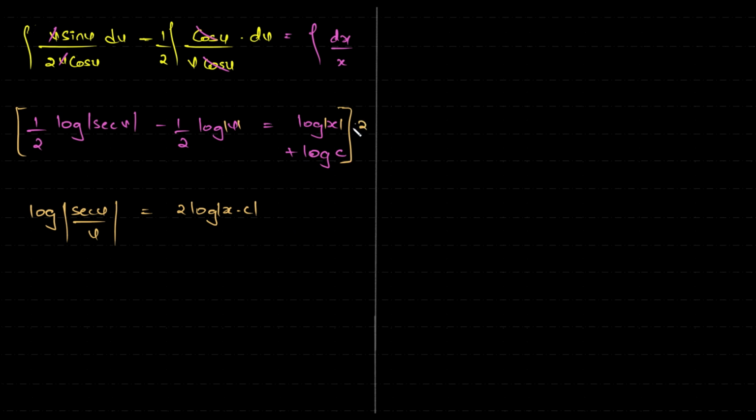Okay, again I multiplied this entire thing with 2. So the 2 went away, and we have this to be basically log of secant v by v. Actually, this step is not required, it's only for your understanding. So log x square into c square, that I can write as capital C.